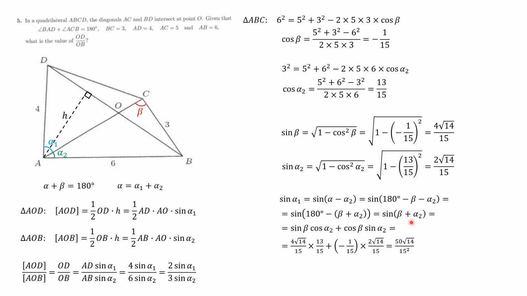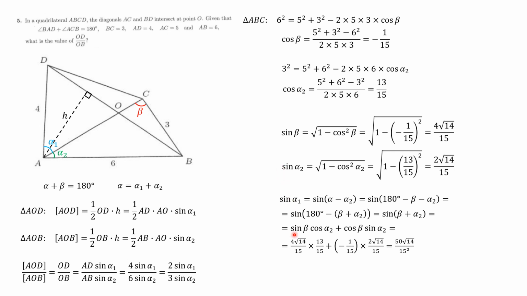We're going to express this using our trigonometric identities. Then this is going to be sine beta times cosine alpha 2 plus cosine beta times sine alpha 2. And notice that I know what sine beta is, I know what cosine alpha 2 is, I know what cosine beta is, and I know what sine alpha 2 is.